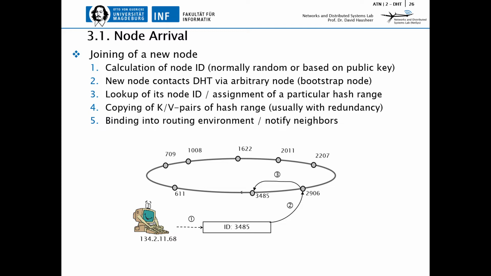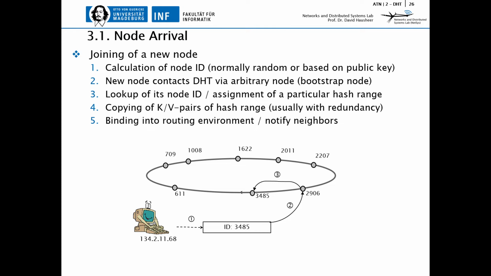In this case, the node gets the address 3485, and so it finds its own location and thereby the particular hash range it will be responsible for, after contacting the node with the address 2906 as the bootstrap node.